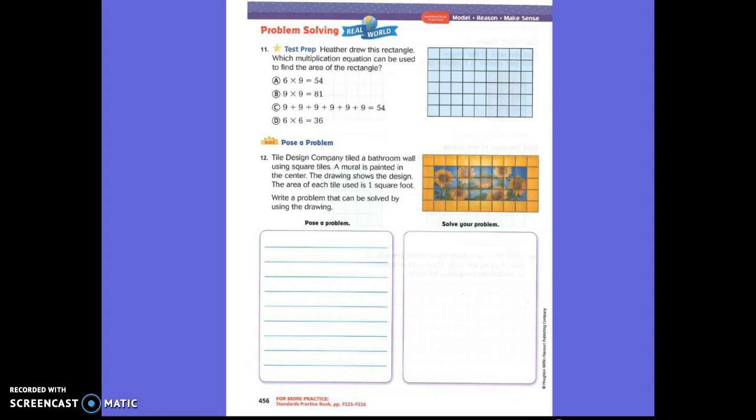You have to write in words how much more the painted area is than the non-painted area, or what is the area of the mural. Does that make sense? All right, should we do this together and find out the problem?